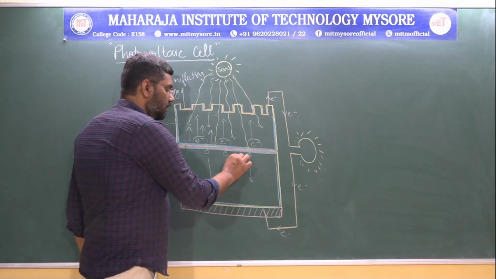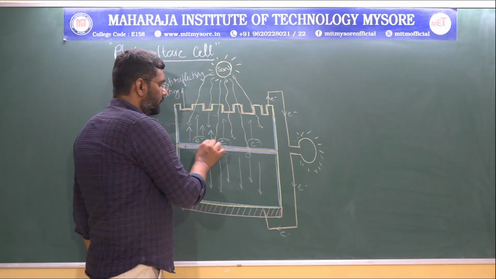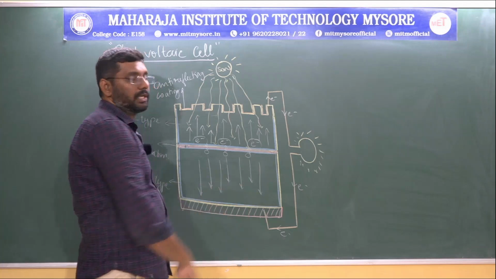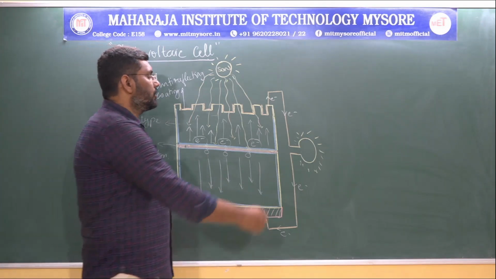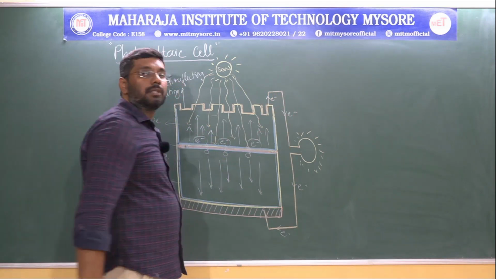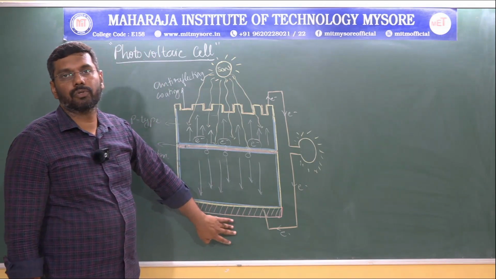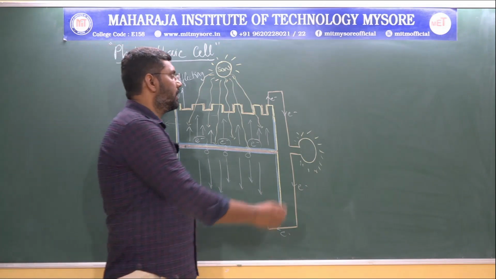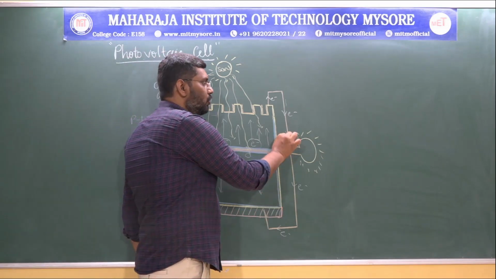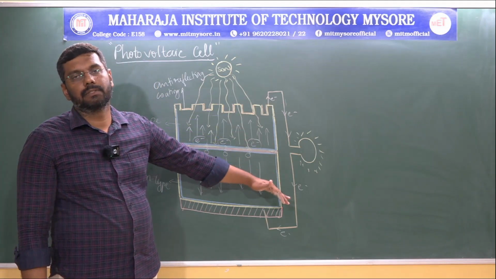So you can see the movement of holes towards the n-type semiconductor, and at the same time the electrons move towards the p-type semiconductor. When electrons reach the p-type semiconductor, you can see the outer circuit connected through the other end of the photovoltaic cell, and these electrons move towards this outer circuit, and as they move, what happens? Their energy level gradually decreases.